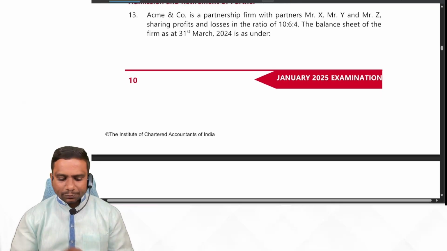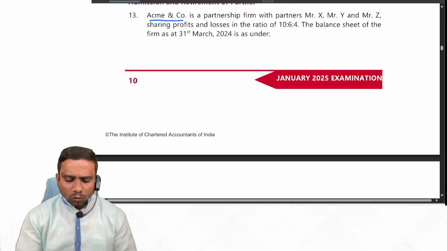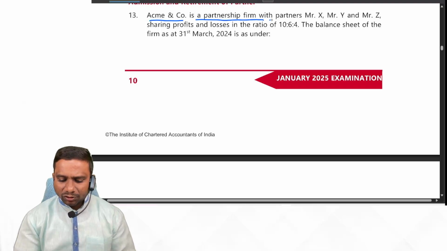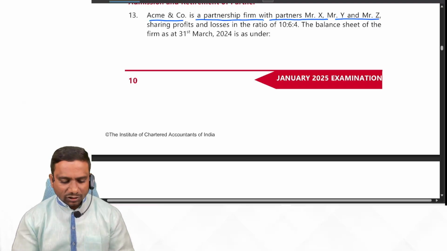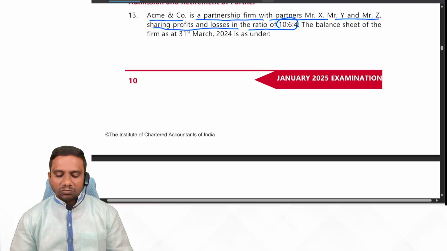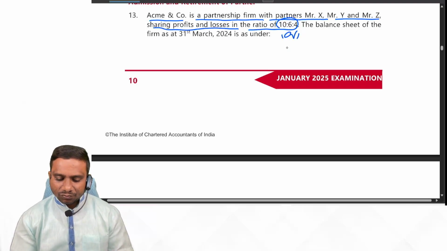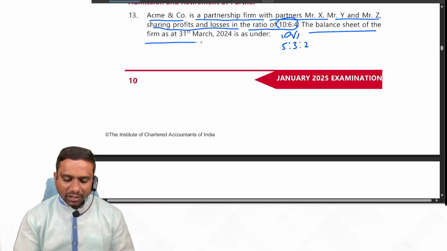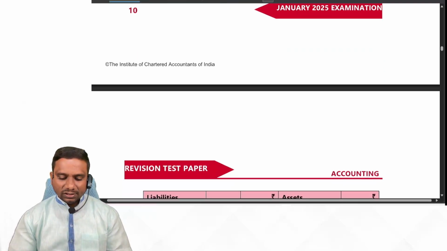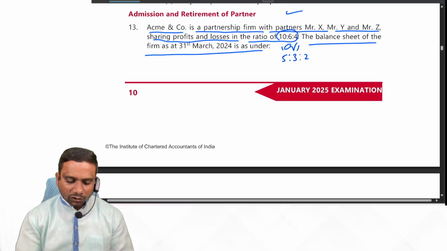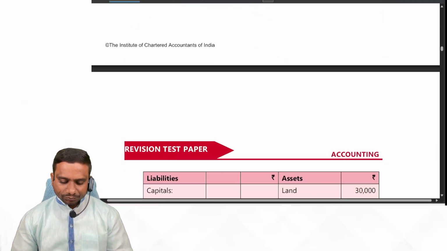Fine. Now look at this: SB and Co is a partnership firm with partners Mr. X, Y, and Z, sharing profits and losses in the ratio of 10, 6, 4. Or we can also write 5, 3, 2. Next, the balance sheet of the firm as at 31st March 2020.